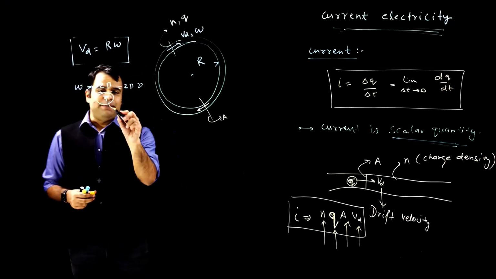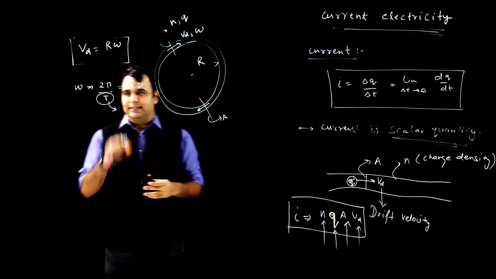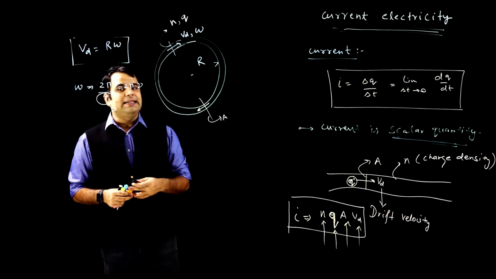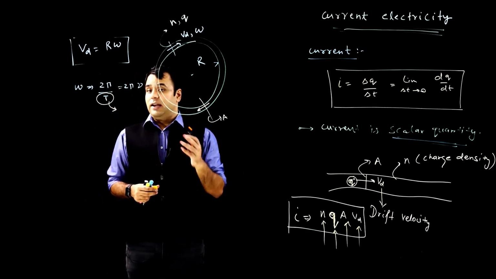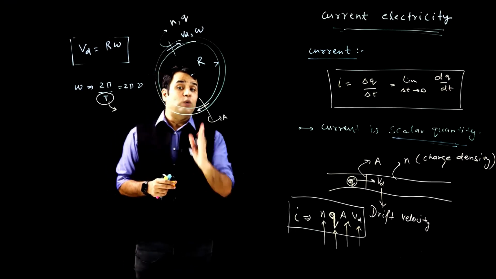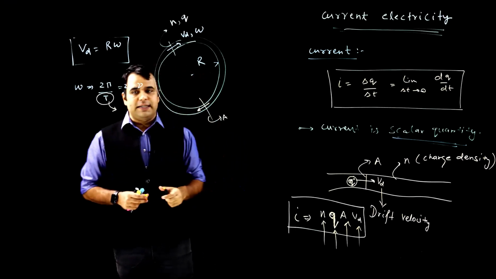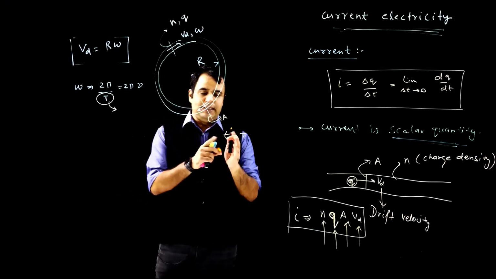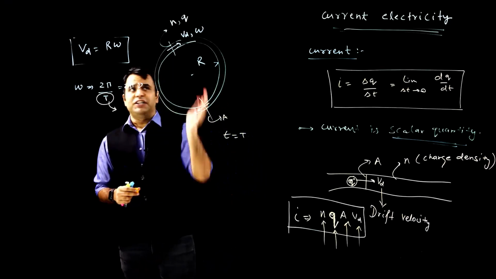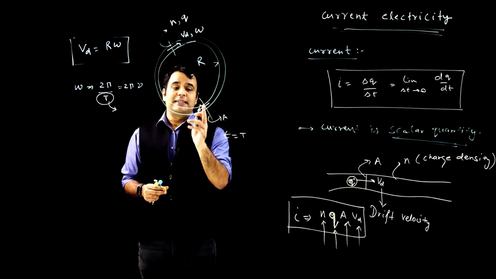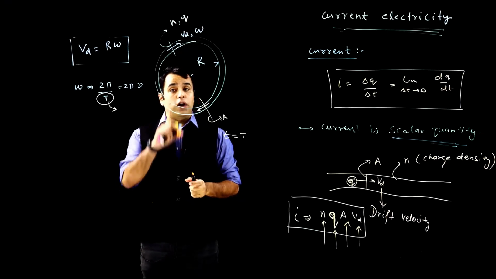So in this time capital T, since T is the time period of this rotation, electrons have performed one rotation, and only one rotation. If this is my cross-section area, then within time capital T, each and every charged particle in this conductor would have crossed this cross-section area only once.